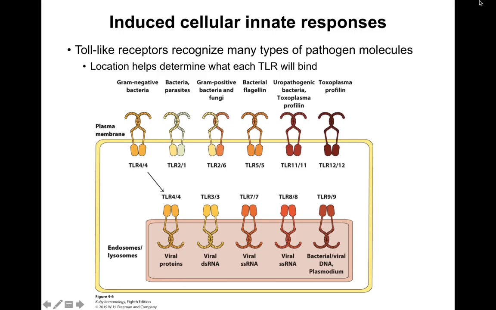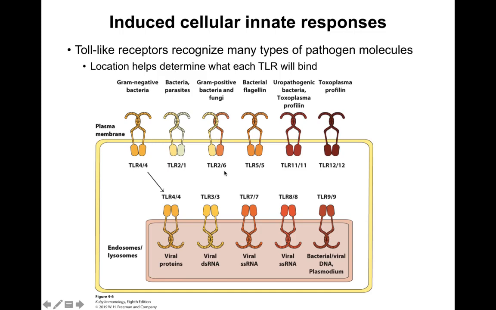So this is some of the general characteristics of what these toll-like receptors can respond to. A few of them that I want you to know are TLR4, because it can recognize gram-negative bacteria. We also know that TLR2 with TLR1, a heterodimer, can recognize bacteria or parasites.